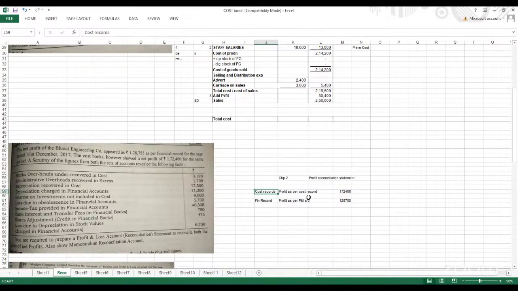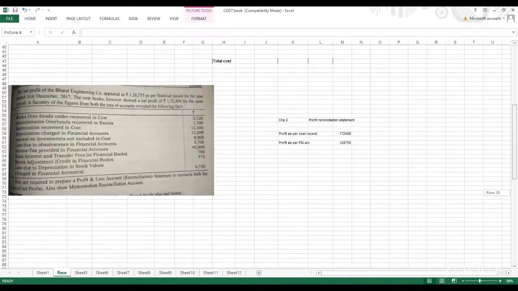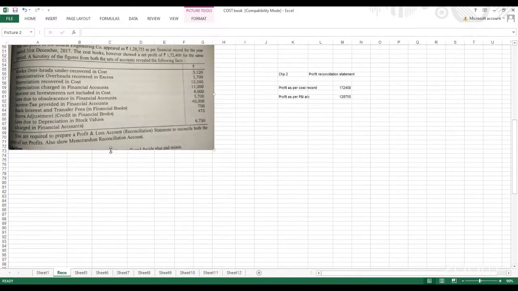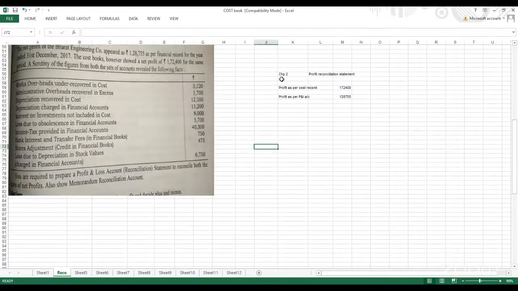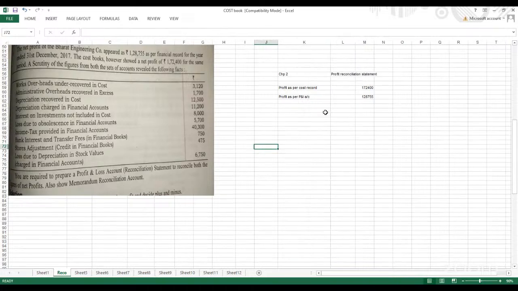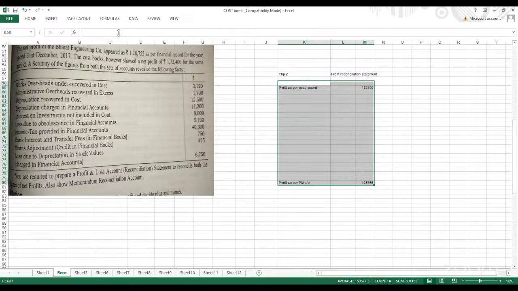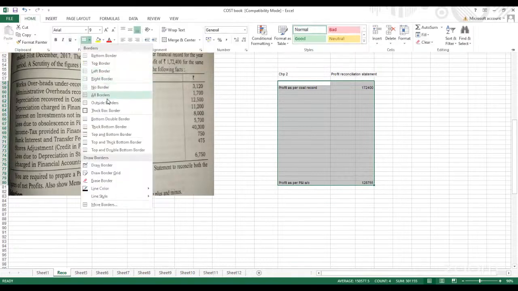I'll show you. For that we need to draw one format, the format which you have to draw in your exam.